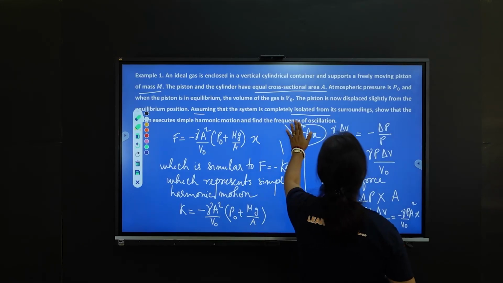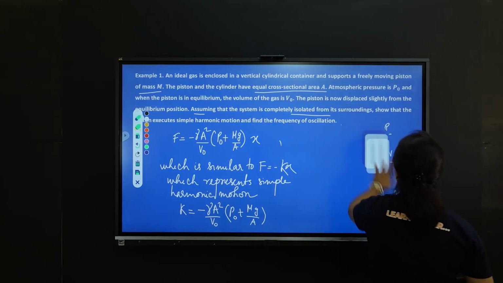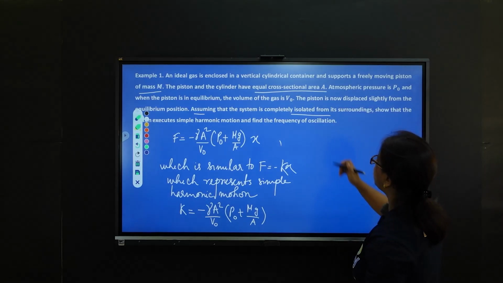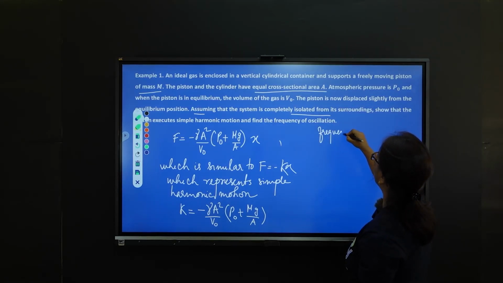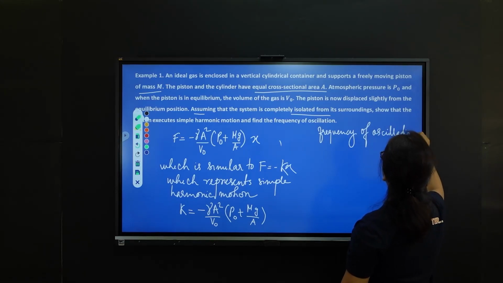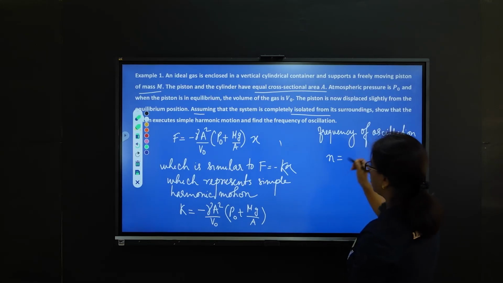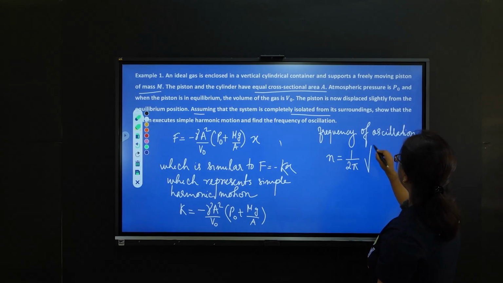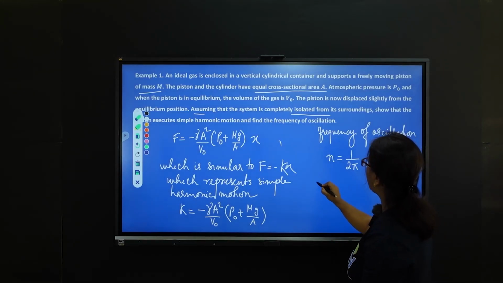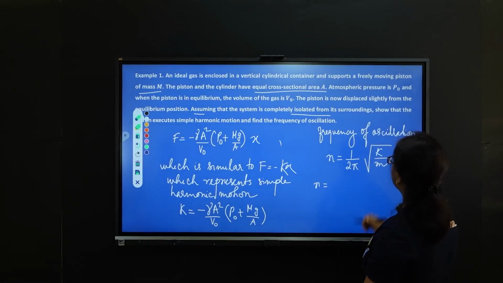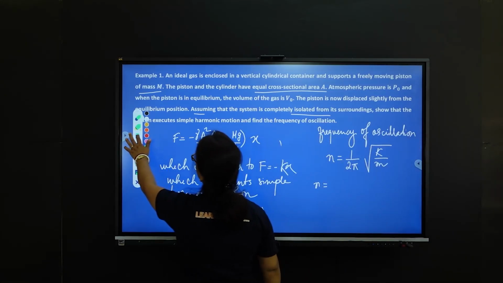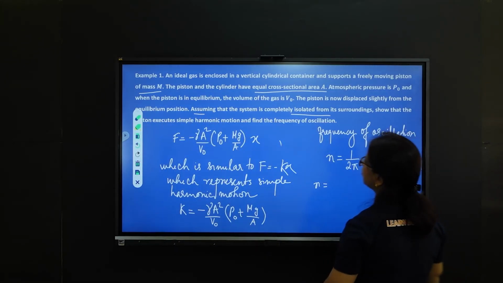We already worked out the original formula. Let's use that here. We have the frequency of oscillation, let's take that to be n. n is equal to omega by 2 pi. So we have 1 by 2 pi root over K by M. So let's put in the values. That's capital M in fact, as given in the question.